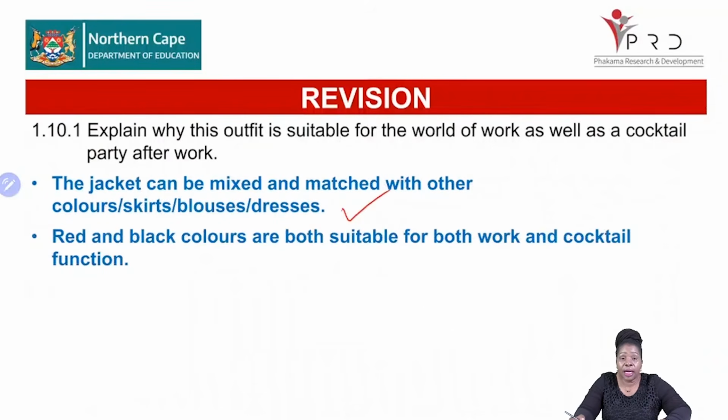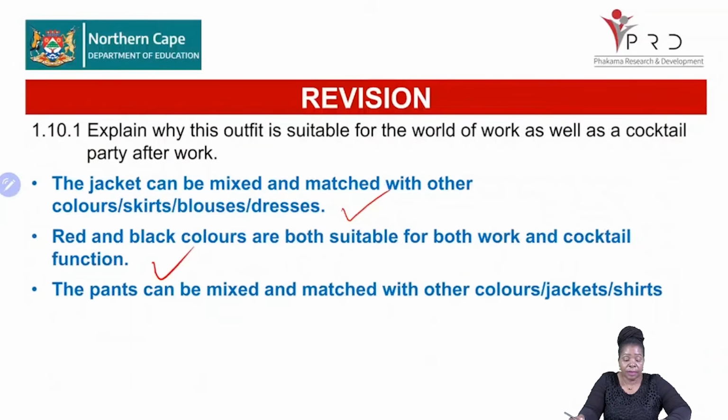And the red and black colors are both suitable for both work and the cocktail function. And the pants can be mixed and matched with other colors, jackets or skirts. Remember, the pants are black in color, so black can match with any other color.